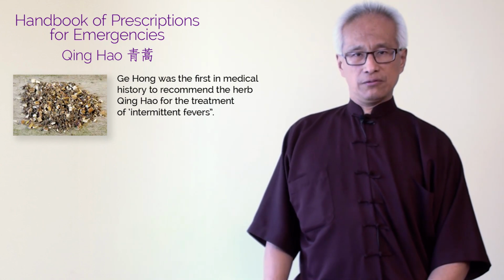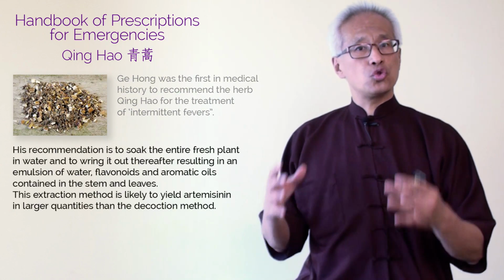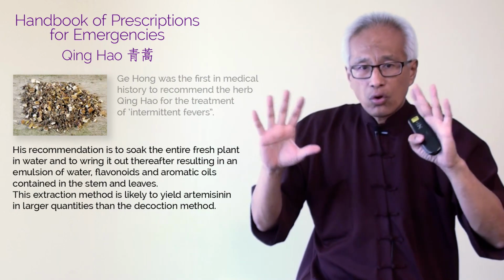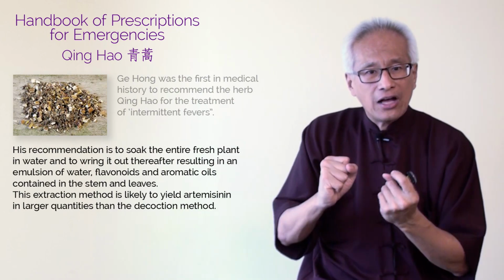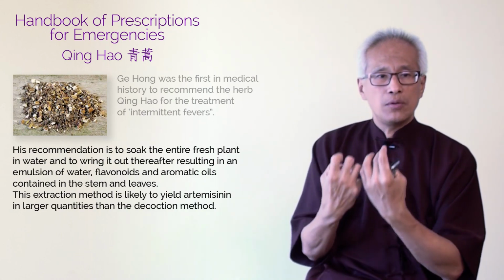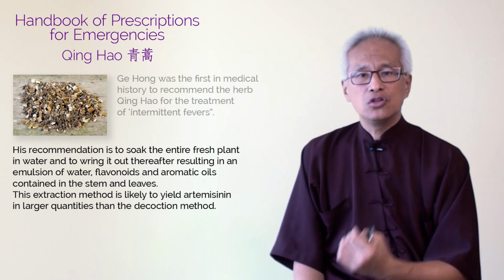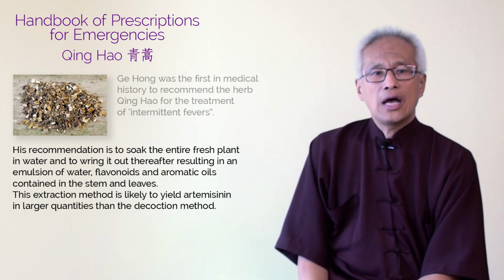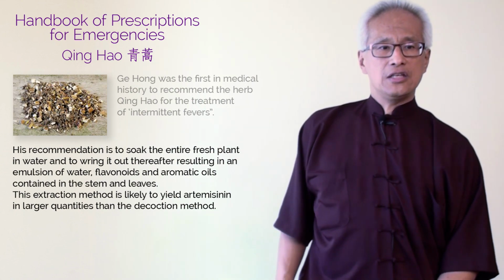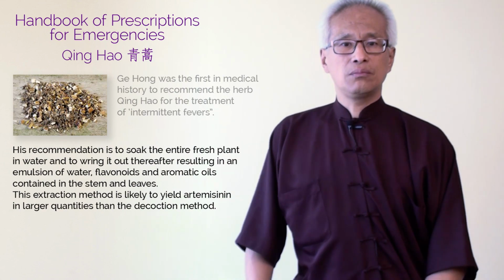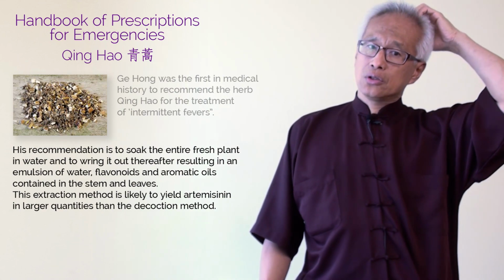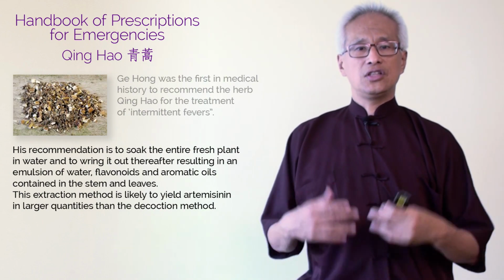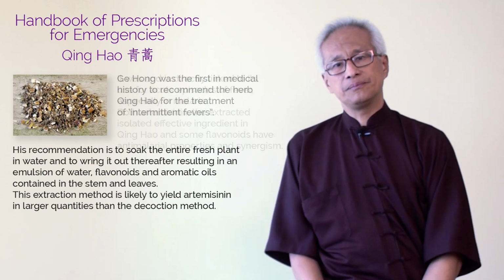Now, Ge Hong was the first person to recommend this herb for the treatment of intermittent fever. His recommendation is to soak the entire plant in water, not warm water, just cold water. So wring it out, resulting in an immersion of water, flavonoids and aromatic oils contained in the stem and the leaves. This extraction process is likely to yield artemisinin in a larger quantity than the decoction method, the cooking method.